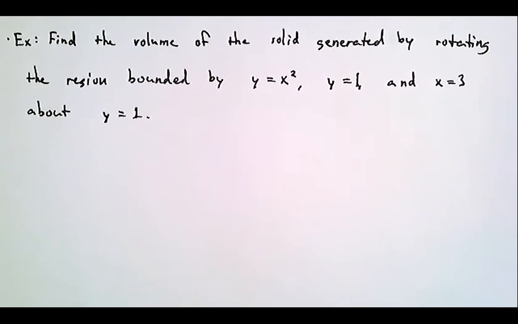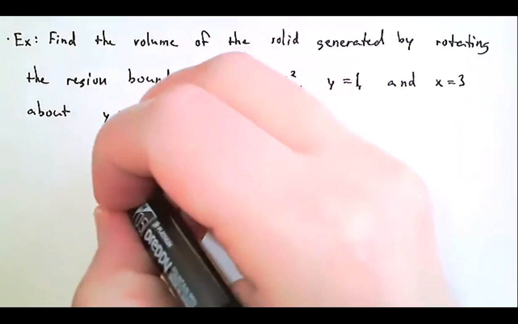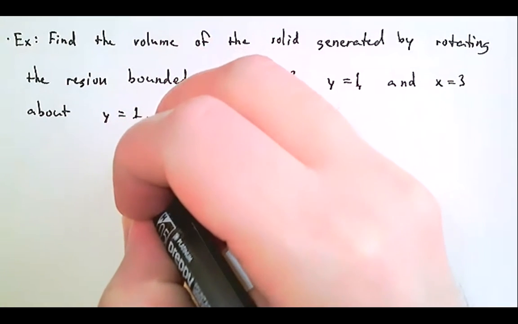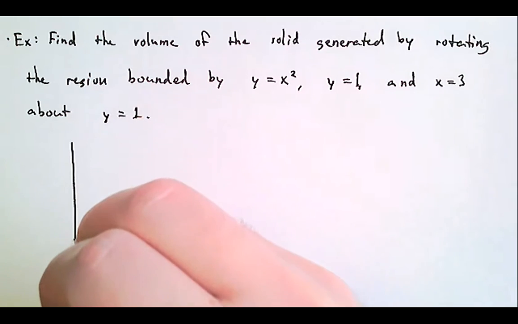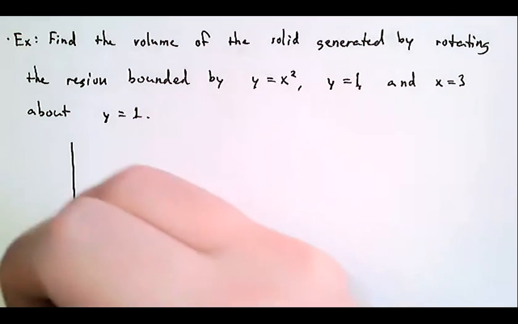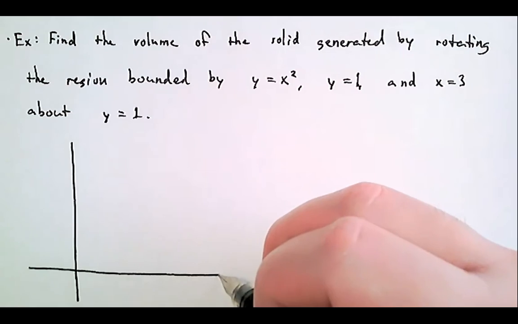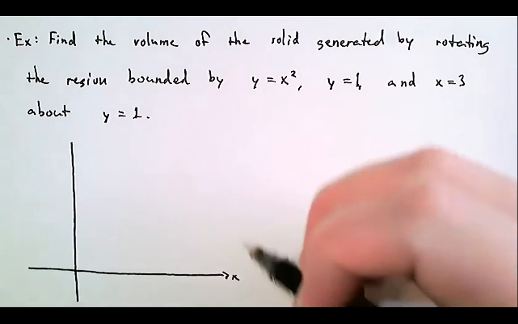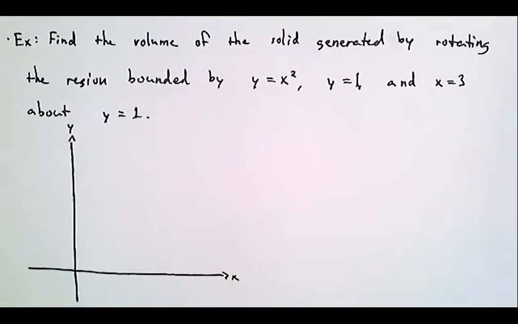So, as always, we need to get a picture of what's going on. So we'll start by drawing a plane so we can figure out what region is being rotated. Okay, so we'll start by drawing the parabola.